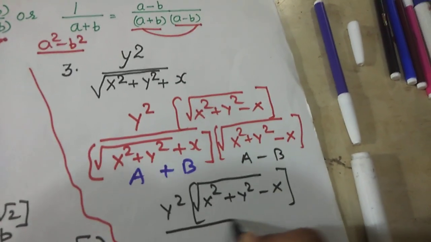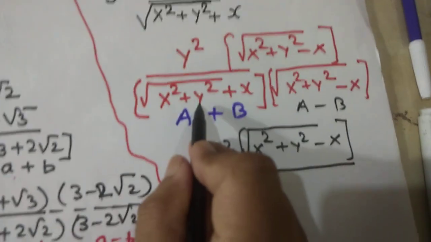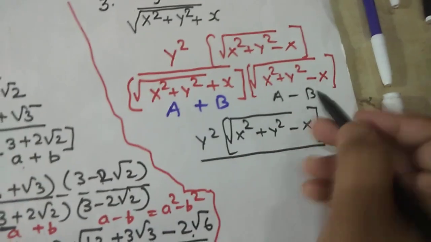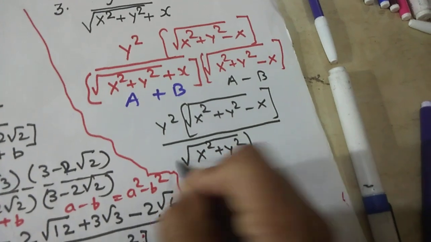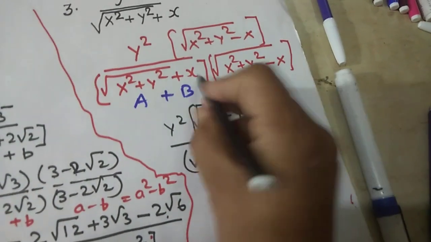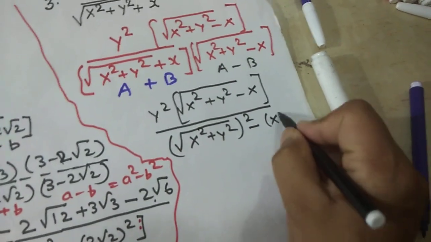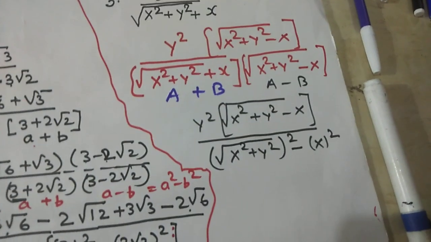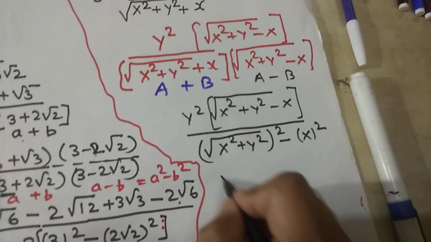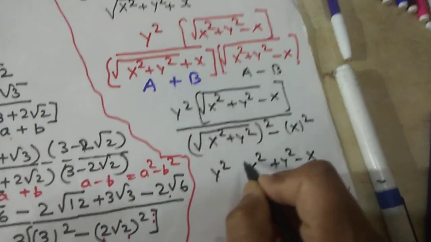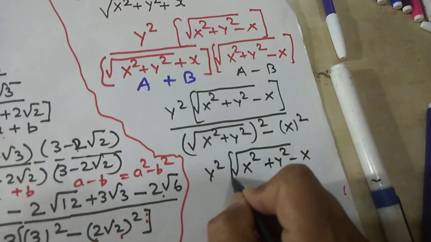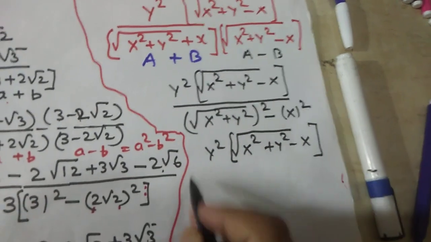Now you check root x square plus y square, a plus b, a minus b. It will be root x square plus y square, whole square minus x square. So y square, root x square plus y square minus x. This is what?